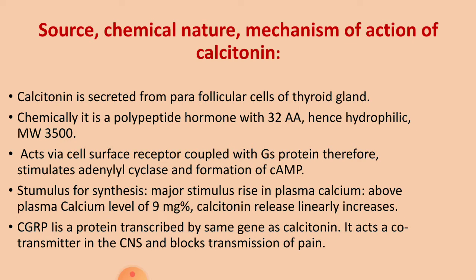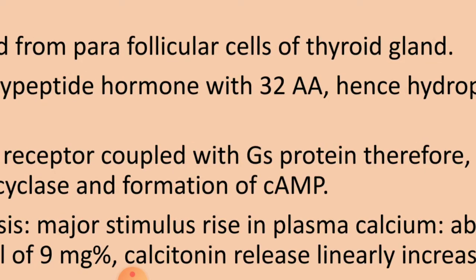As it is a polypeptide hormone, it is hydrophilic. It is not lipid soluble, so it cannot cross the cell membrane. So it has to exert its action through the cell surface receptor, and that receptor is coupled with Gs protein.